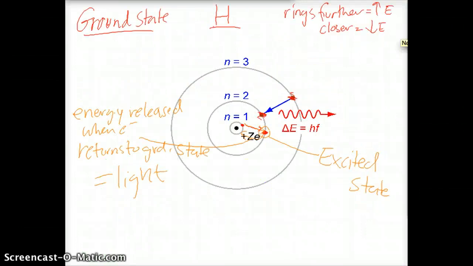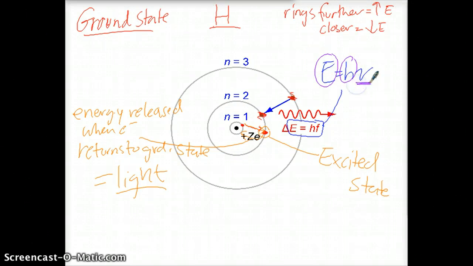How can we determine this light? What is it going to look like? Well, we learned this equation already, that energy is equal to Planck's constant times frequency. We saw it as h times nu. So if we know the amount of energy that was released, and we know the constant, we could calculate the frequency.